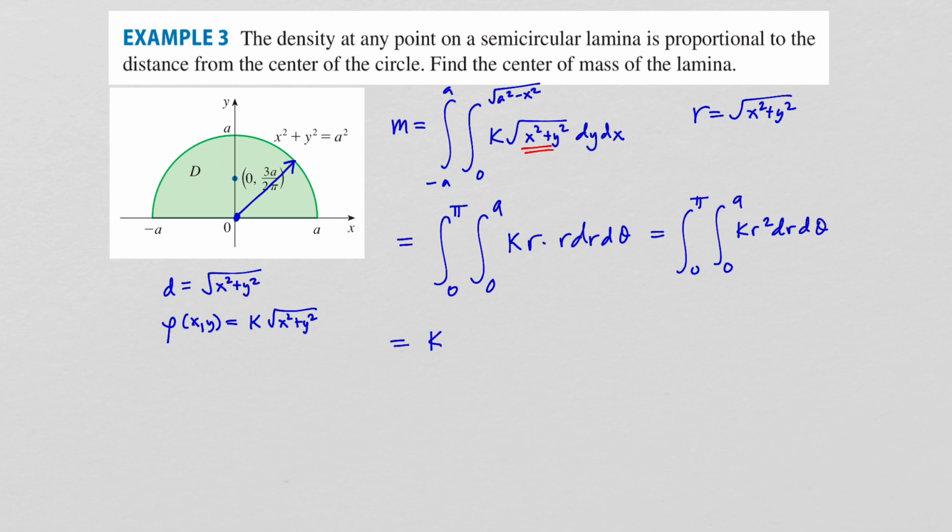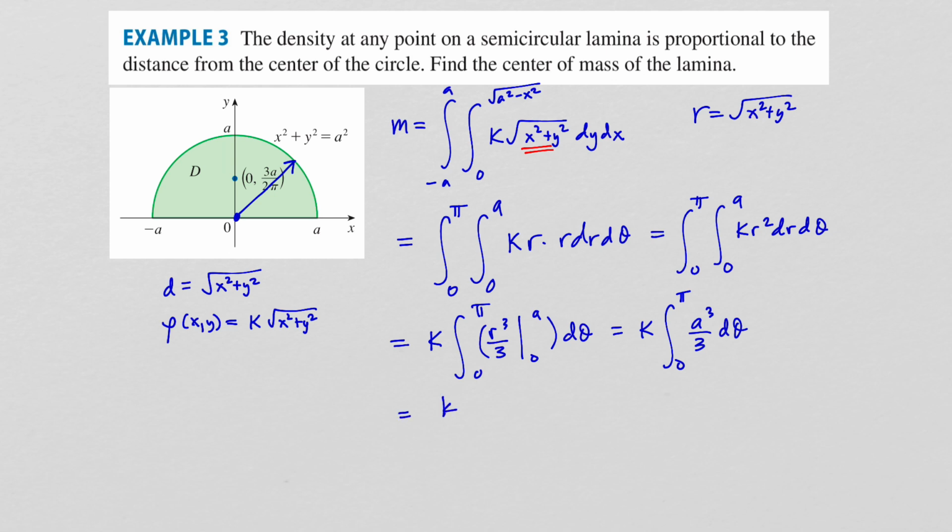Integrating, I can pull out the k. I have integral from 0 to pi, and the integral of r squared dr is r cubed over 3, and this goes from 0 to a, and then d theta. And so we have k times the integral from 0 to pi. Here I just need to plug a in, so we get a cubed over 3 d theta. And that's just a constant.